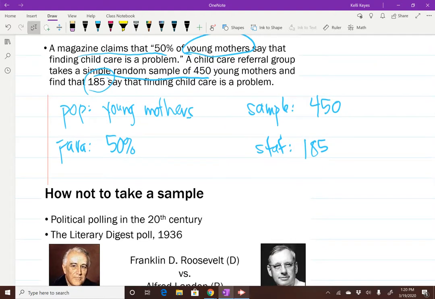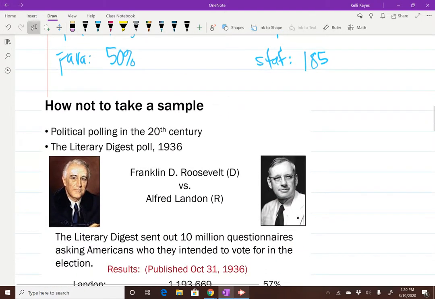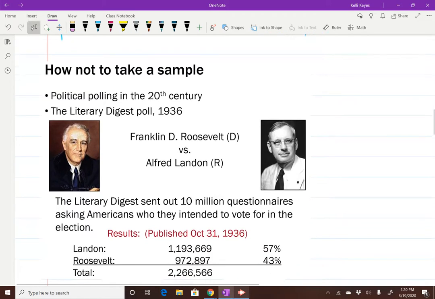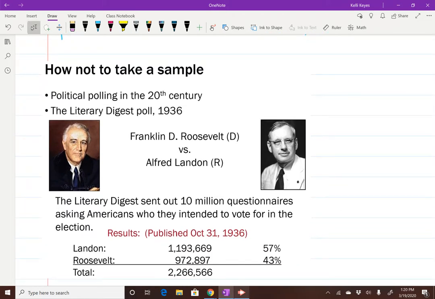All right, so I'm going to show you an example. That was actually the presidential election in 1936, between FDR and Alfred Landon. And this company that did political polls, called the Literary Digest, sent out 10 million questionnaires to people.